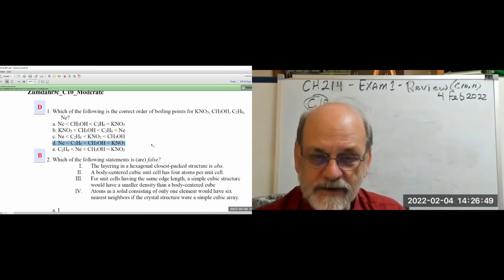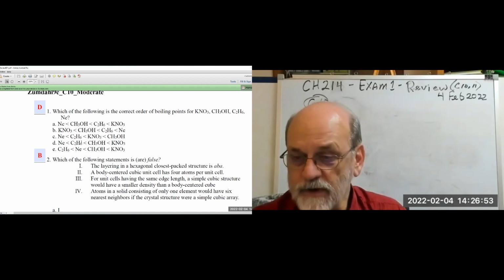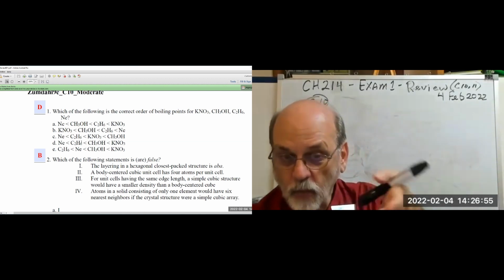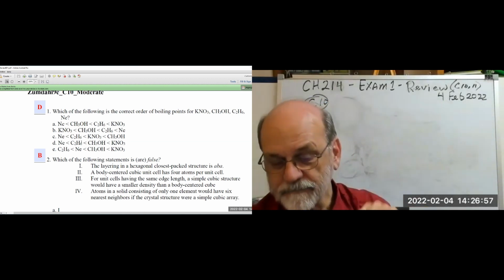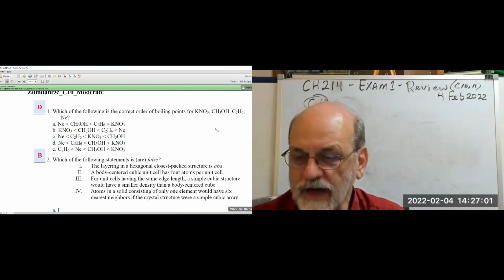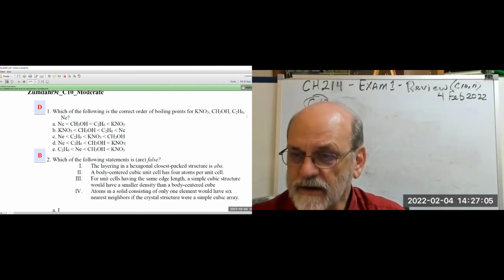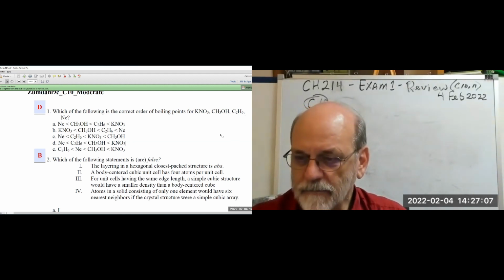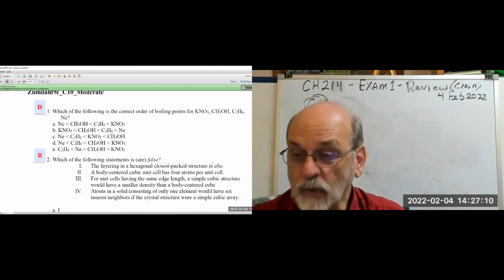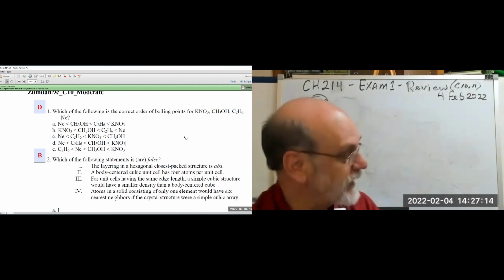So now we have to say, all right, C2H6 and CH3OH, we have to see what order these guys are in. The higher boiling point is going to be the one with the higher intermolecular forces. Right? C2H6 is nonpolar. Right? It's like this.